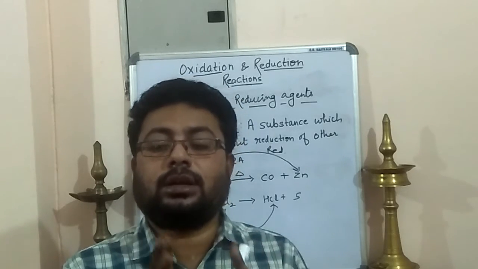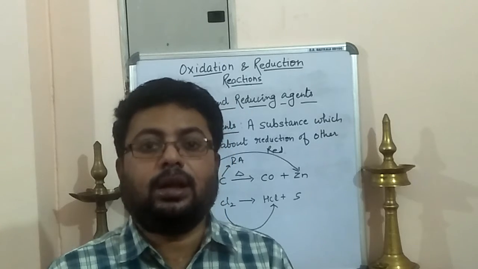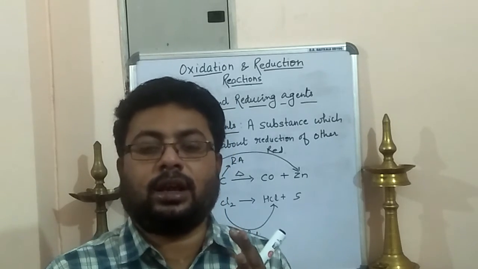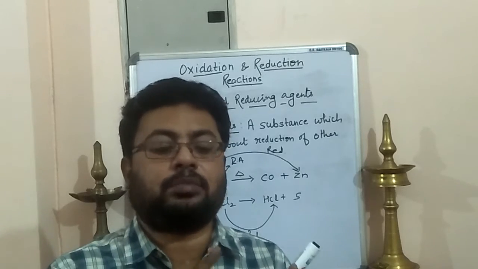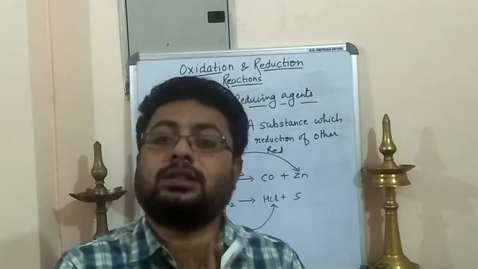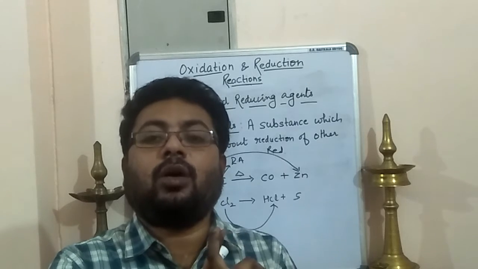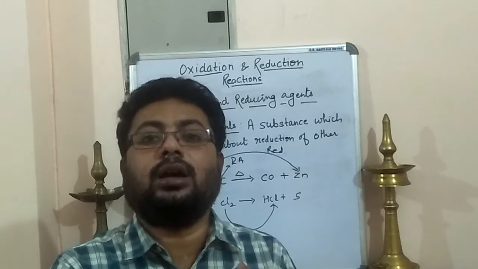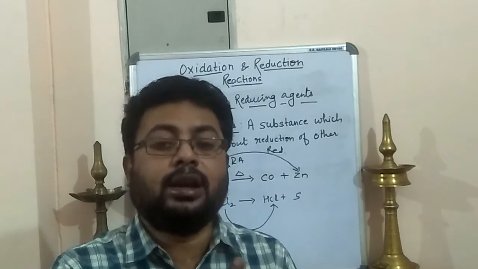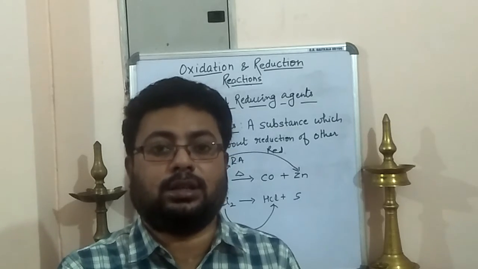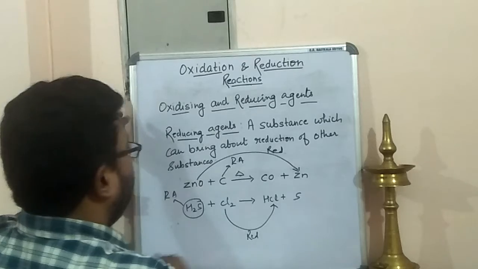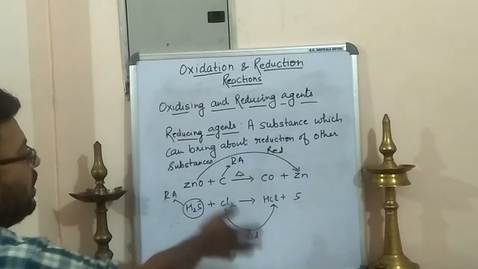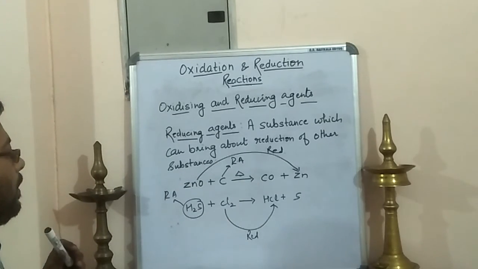But always remember one thing, whether it is an oxidizing agent or a reducing agent or a substance getting oxidized or a substance getting reduced, all of them are reactants. Never write the name of products in it. So now I am giving you some examples. I hope this concept is very clear to everyone.